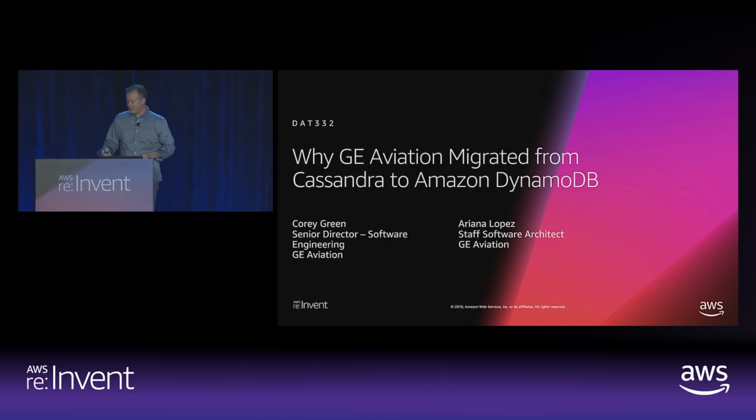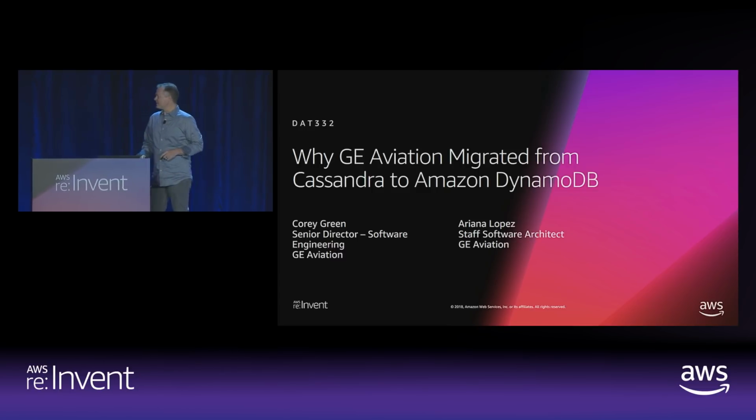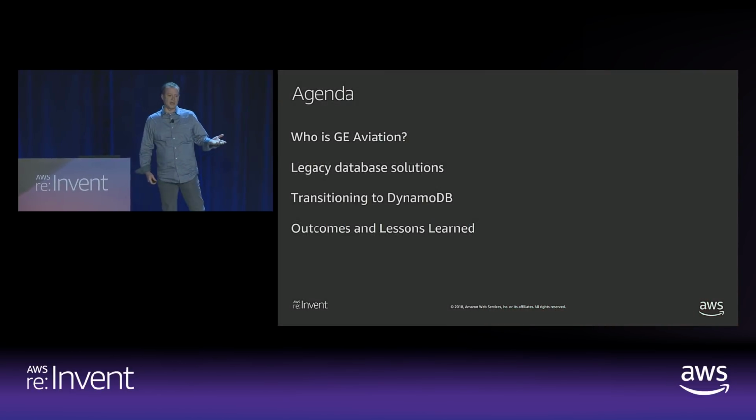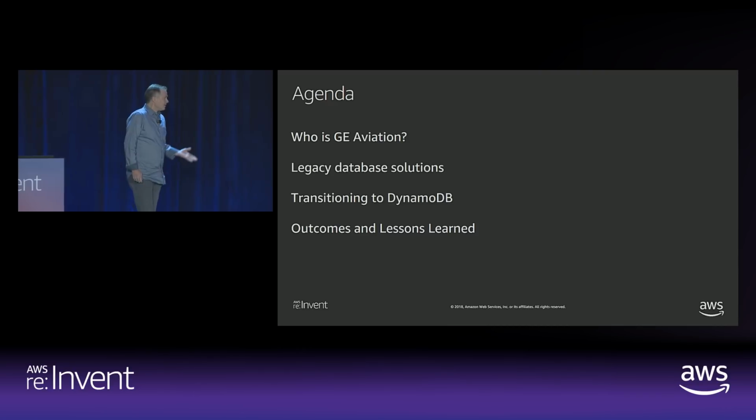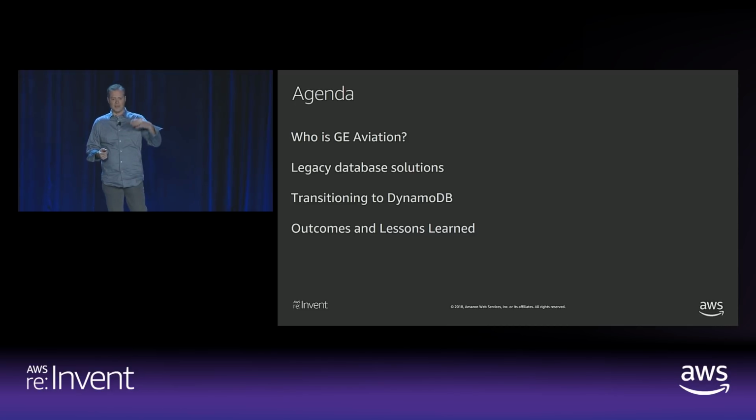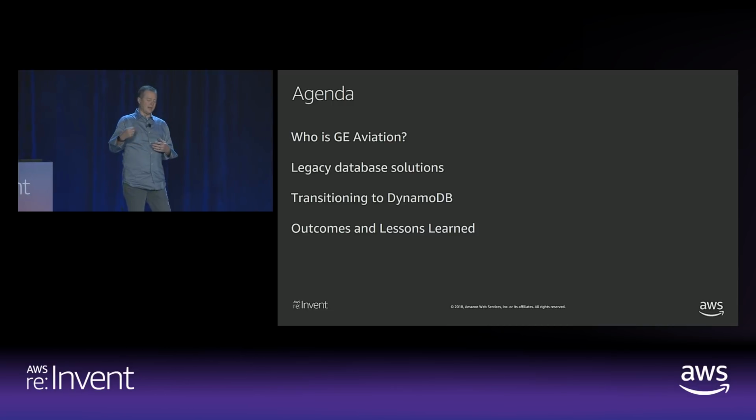Ari will be joining me a little bit later, but first let's go through some basics about what we're doing here. First, we're going to go through a few things about who GE Aviation is, how we got from where we were to Dynamo, that transition path amongst many technologies, and then what that looked like, how we implemented Dynamo, how it ended up saving us money and time and effort, and then really how it set us up for the future.